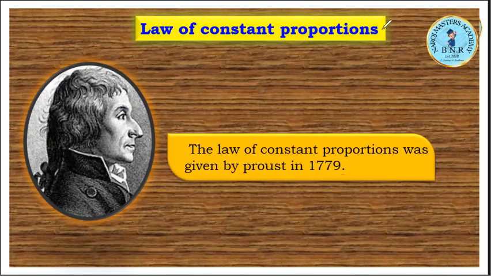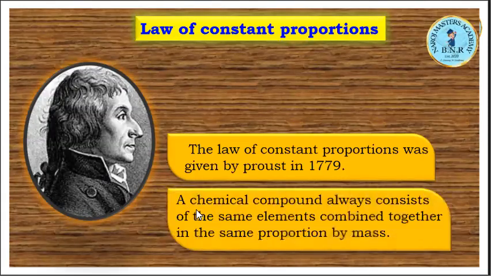According to the law of constant proportion, if you take any molecule, wherever you find it, the proportion is always constant. A chemical compound always consists of the same elements combined together. For example, water's chemical formula is H2O.